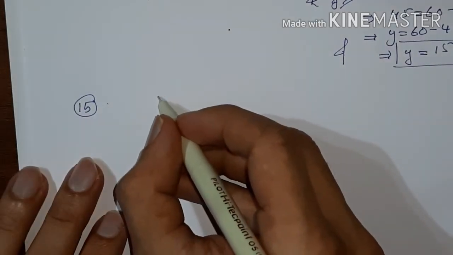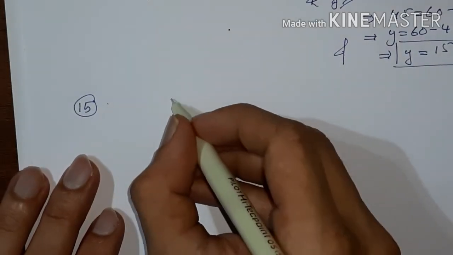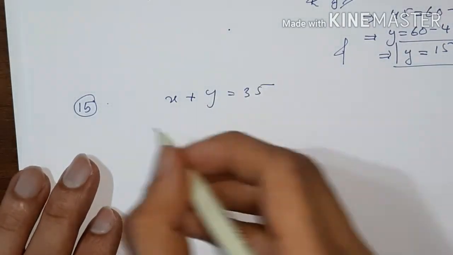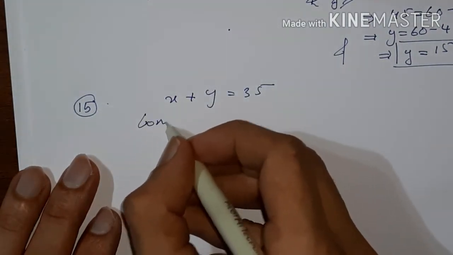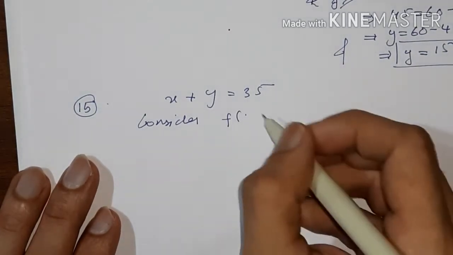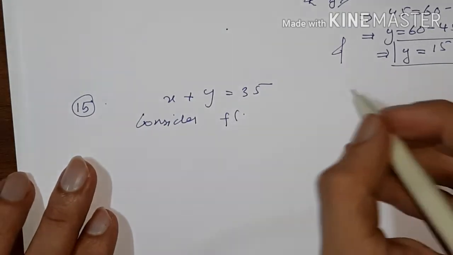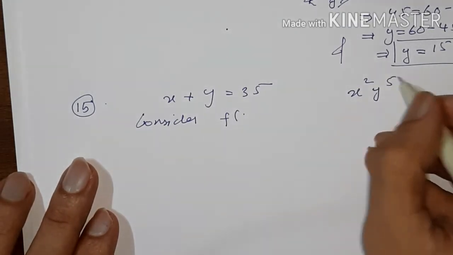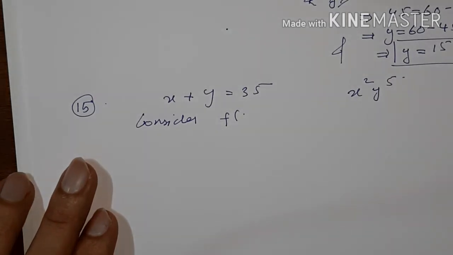So what you are given is the sum of two numbers x and y is 35. So x plus y is 35, and consider f of which variable you have to find out, right? Because what you have is x square multiplied by y raised to 5.